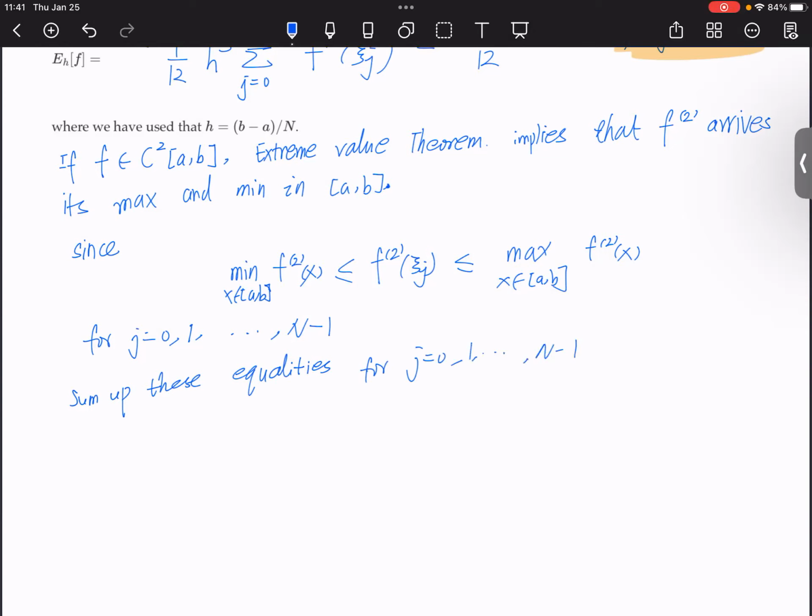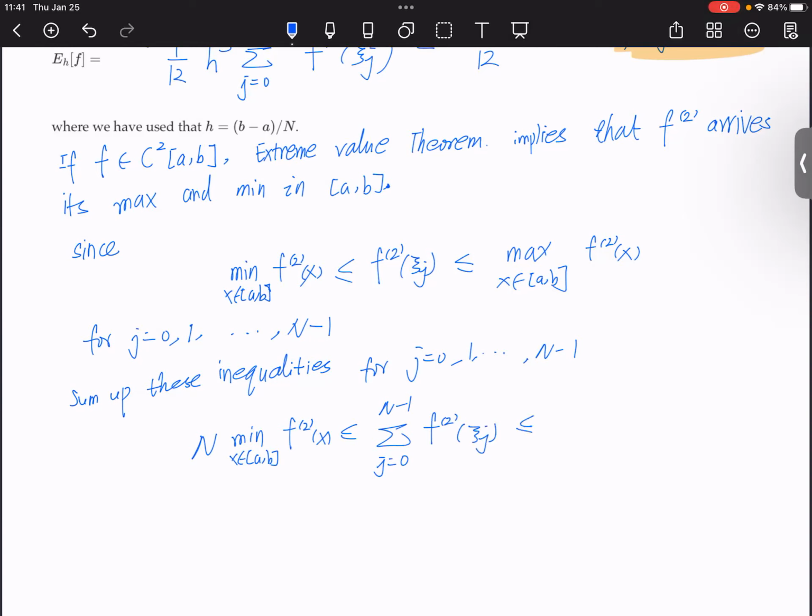And then what do I get? We have n different inequalities here, right? For the first term, I have n times the minimum value. And then for the middle term, I'm going to do the sum for different j from 0 to n minus 1 of the second derivative evaluated at x_j.